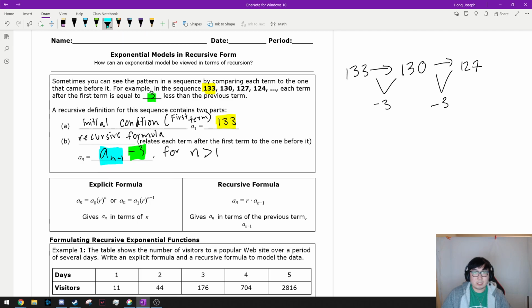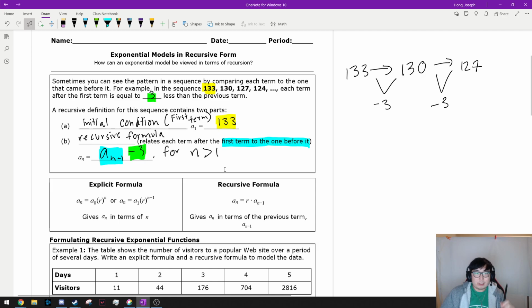This part right here is talking about the terms before it, the first term to the one before it. So yes, it looks confusing right now, but it's actually very simple. Once we take this blue part of the equation and replace it with something more realistic, it'll make a lot more sense.